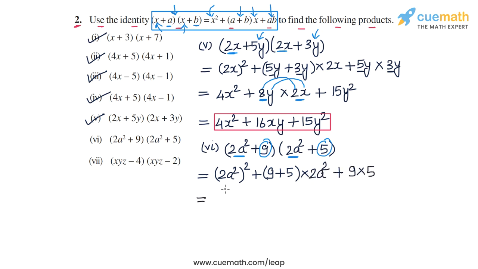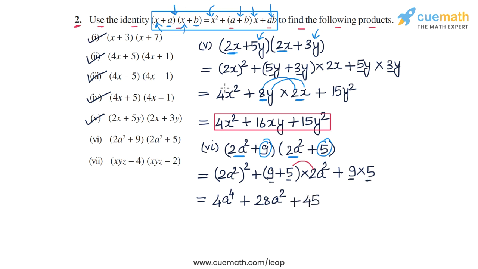Now 2a square whole square will be 4a to the power 4, because the square of a square will be a to the power 4. Then we have 9 plus 5, which is 14, and 14 into 2a square, so 14 into 2 is 28, so we will get 28a square as the second term, and finally we will have 9 into 5, which is equal to 45.